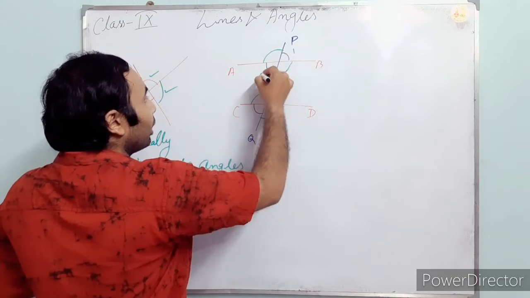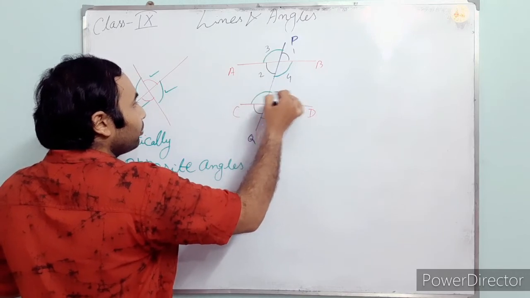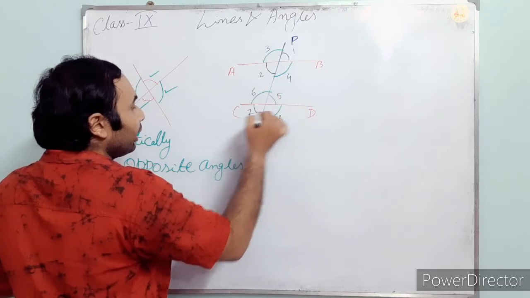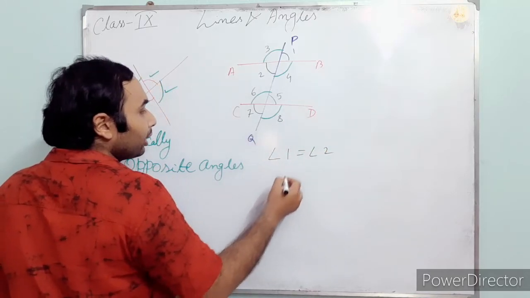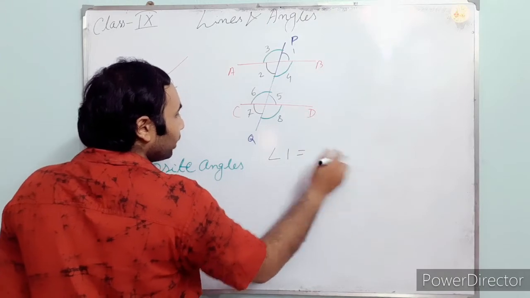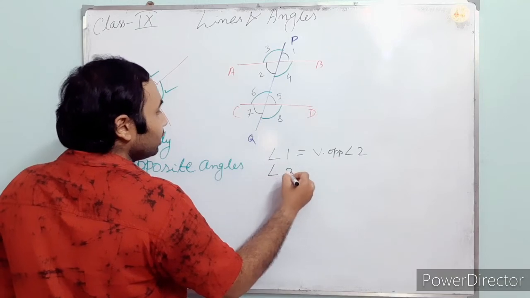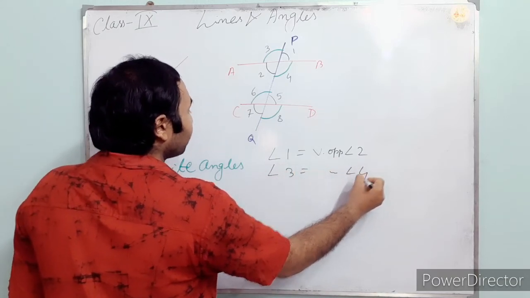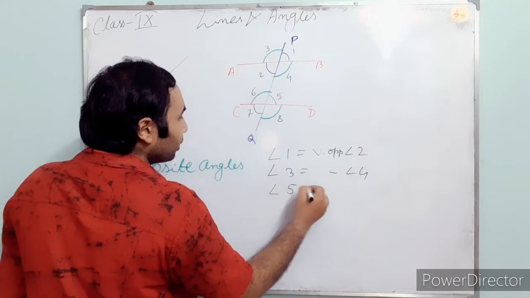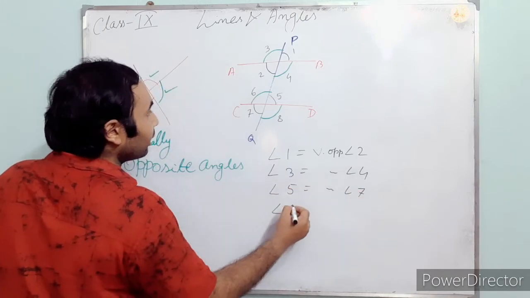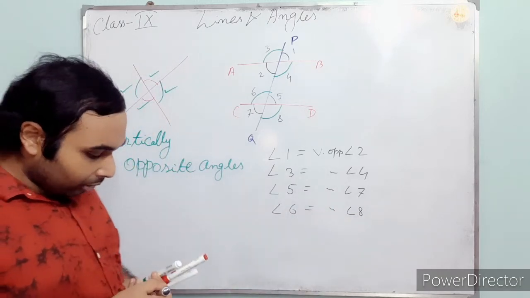If I give names 1, 2 and 3, 4, here 5, 6, 7 and 8, then angle 1 equals angle 2, those are vertically opposite. You can write like that: angle 1 equals its vertically opposite angle 2, angle 3 equals angle 4, angle 5 equals angle 7 and angle 6 equals angle 8. Those are the vertically opposite angles.